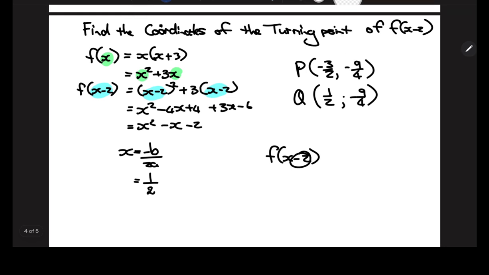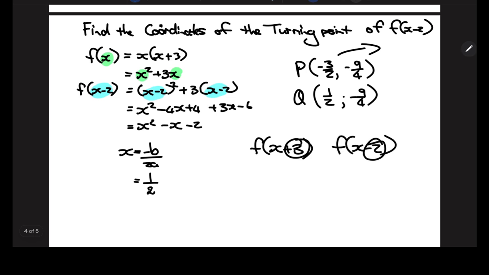But remember, time is not on our side. If I was in your shoes and they ask me what is f of x plus 3, I'll say, okay, I have to change the sign, so I have to subtract it. If it was f of x minus 2, I'm going to change the sign, so it's plus, so I'm just going to add it to that, and we'll get a half.